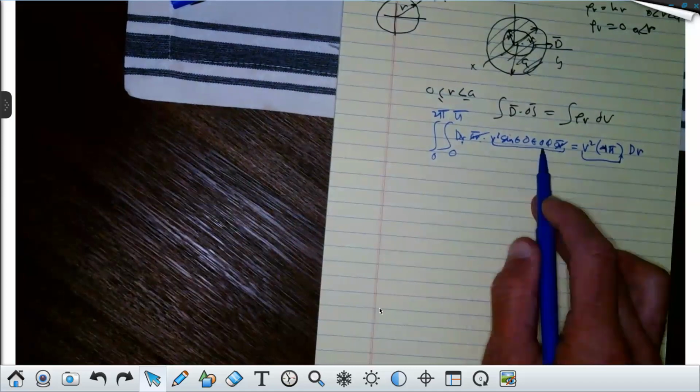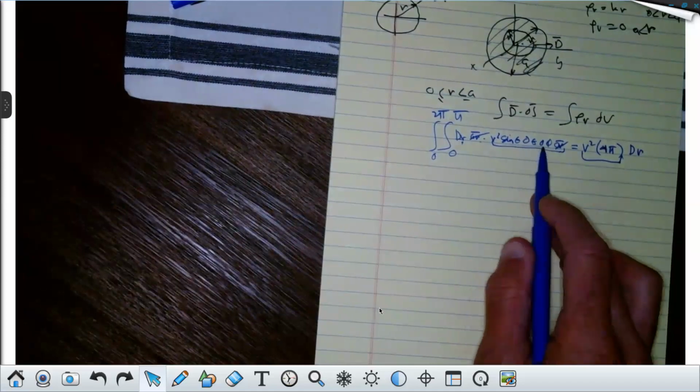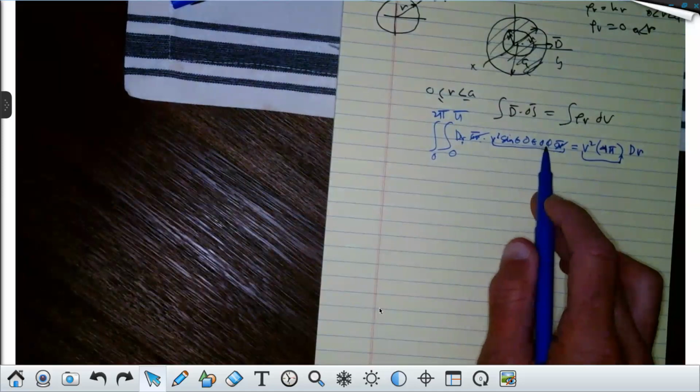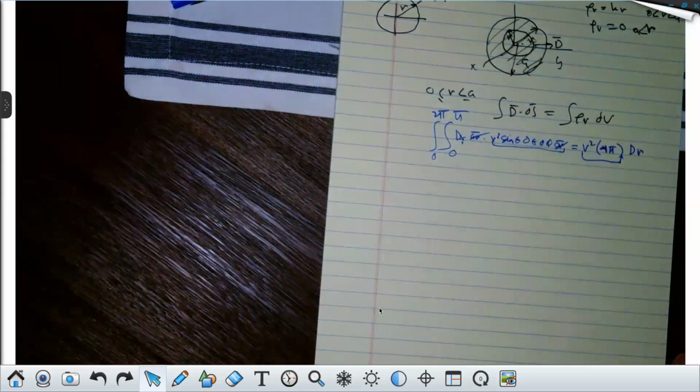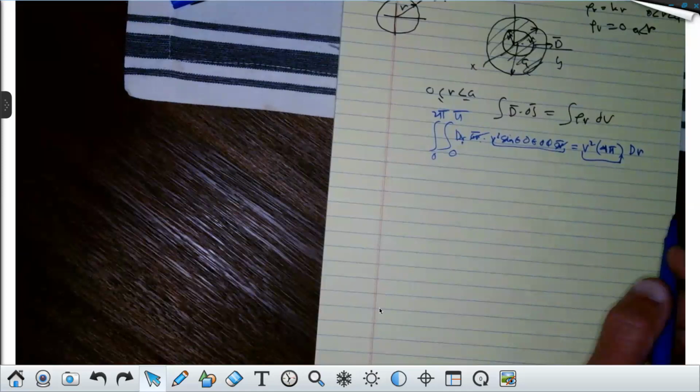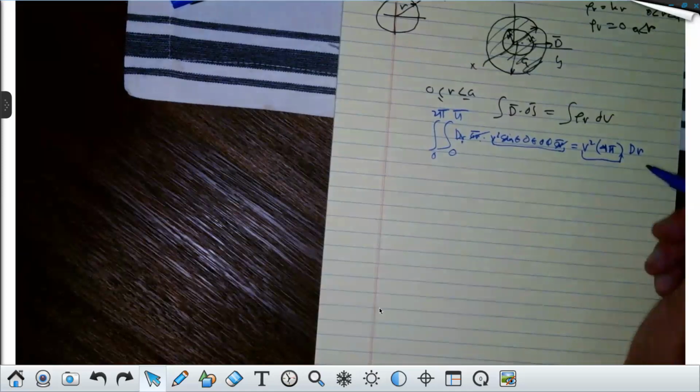When I integrate sine theta d theta, I get minus cosine theta evaluated from 0 to pi, which is 2. Cosine of pi is -1, so minus and minus is 1, and then minus cosine of 0 is minus 1, and 1 plus 1 is 2. So it's 4 pi times D_r. Agreed, class?